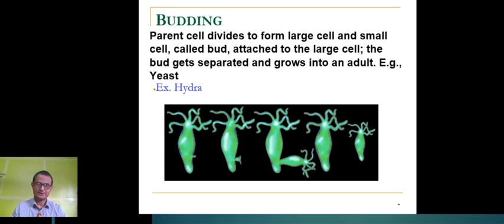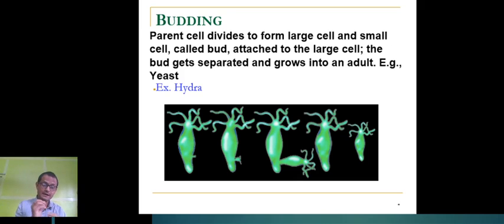Another kind of asexual reproduction is budding. What is budding? You know the bud: from the parent cell or the parent generation, a small cell, which is called the bud, will be separated out from the parent body.